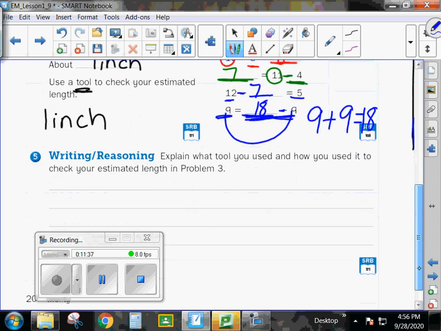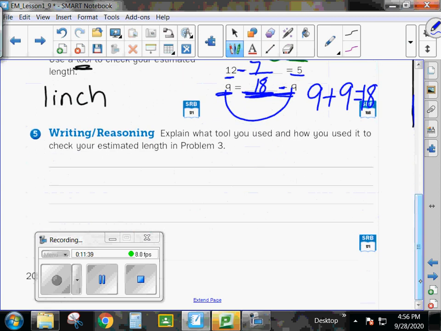All right, and then finally, the last problem: explain what tool you used and how you used it to check your estimated length in problem 3.